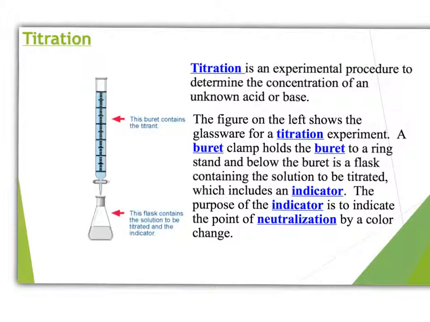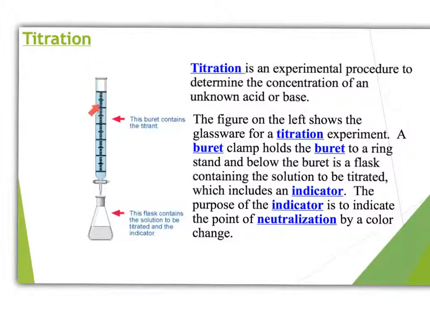Now, when we have a titration as an experimental setup, the glassware that we will work with is called a burette. The burette will have a given amount of chemical in it, either the acid or the base. The Erlenmeyer flask will contain a solution to be titrated, and it will contain the indicator.